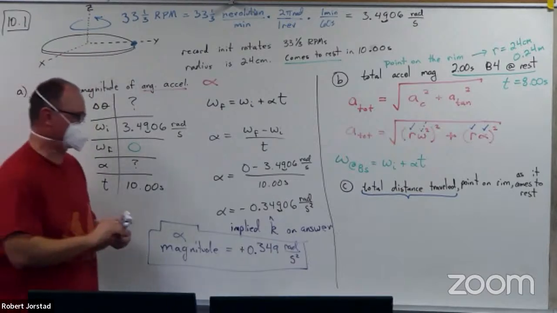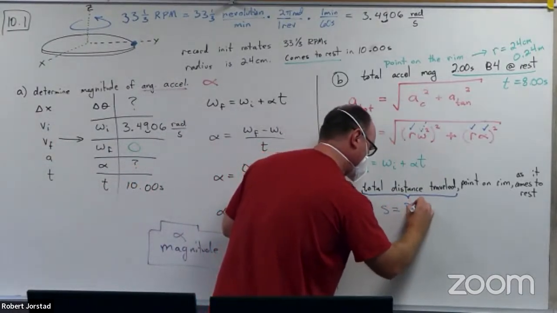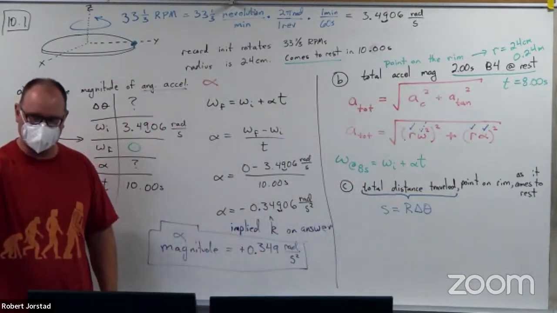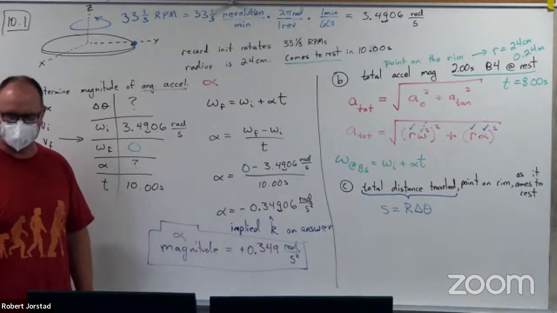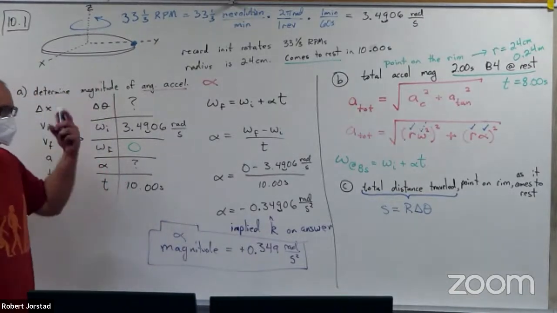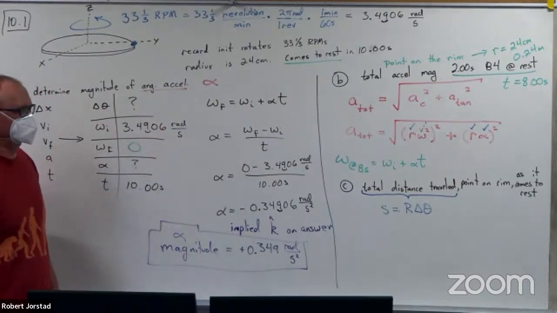S, arc length, which is related to delta theta by the radius. So basically you were off by a conversion factor of the radius. Not bad. Well, how could I get delta theta? I have no idea. Any suggestions?